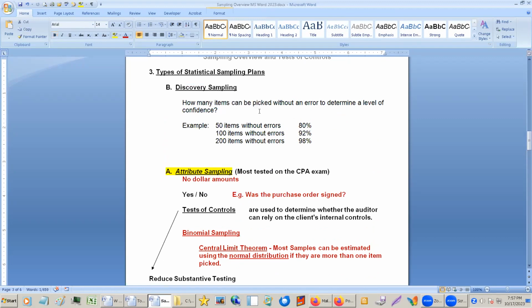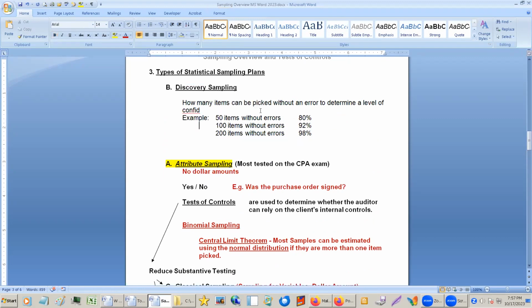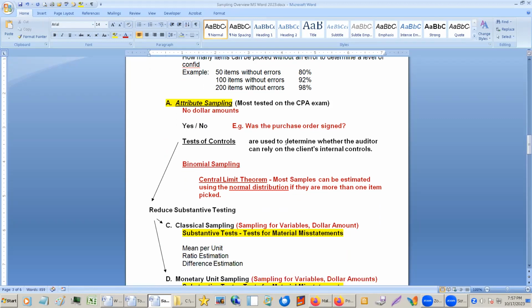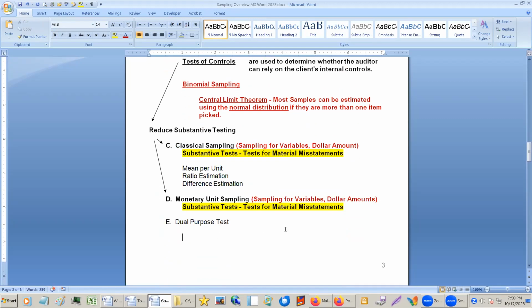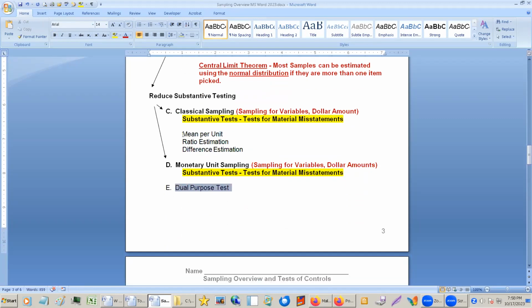I'm going a little late here, but hopefully not by more than a minute or two. Coming down here, dual purpose test. So you're picking a sample, and let's say that for test of controls, we need 100 items.